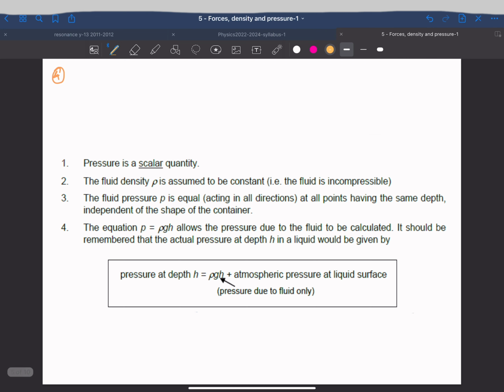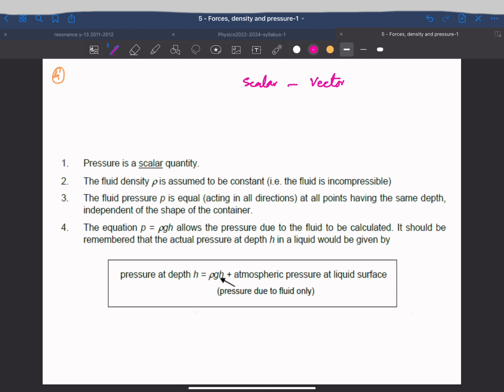Now here are a few more points, like the pressure is a scalar quantity. What does this mean? You have to recall that we have two types of quantities: one is the scalar quantity and another is the vector quantity.